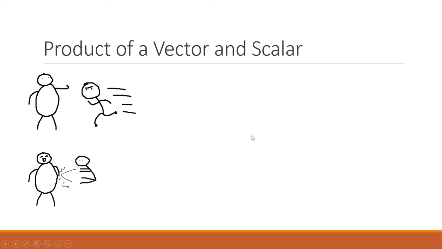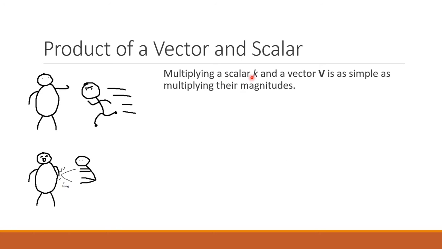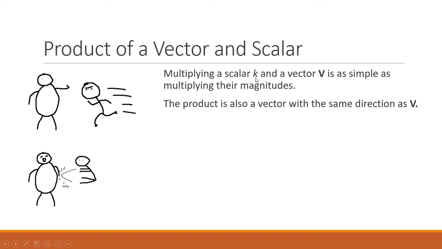First, the product of a vector and a scalar. Multiplying a scalar k and a vector v is as simple as multiplying their magnitudes, like multiplying two numbers. It's that easy. The product is also a vector with the same direction as v. When you multiply a scalar and a vector, you just multiply the magnitude, but you keep the direction of v.